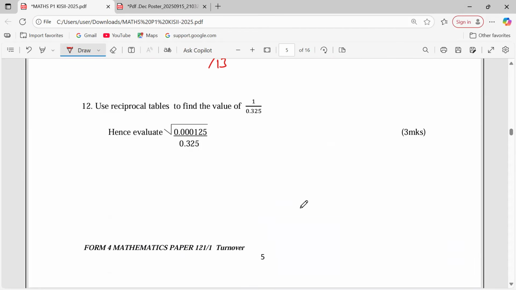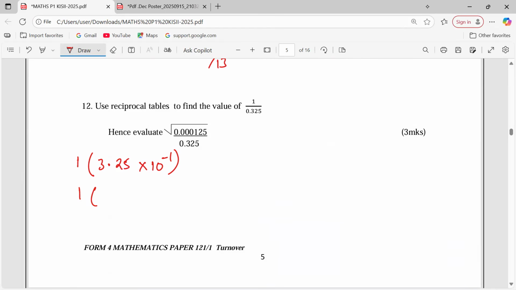Let me just open the reciprocal tables. But before we go to the table, can we talk about 1 over the reciprocal? We write in standard form first, 3.25 times 10 to the power of -1. So it will be 1 multiplied by the reciprocal of 3.25, which shall be read from the tables.